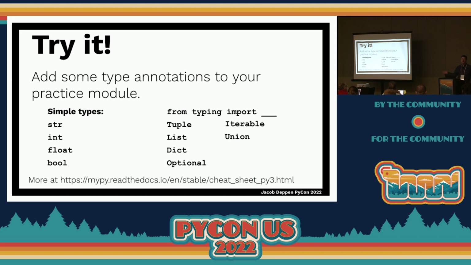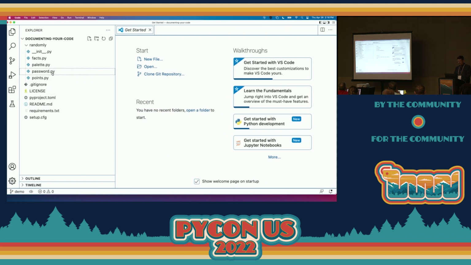Maybe your code doesn't care whether it's a list or a tuple; you just need to loop over something. Then you can call it an iterable, and you can pass in whichever iterable you want. And Union is a way of saying "or": this type or this type. It could be a string or a float, something like that. So let's do some examples together.